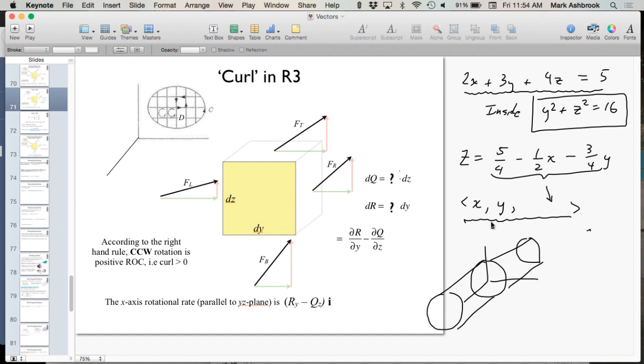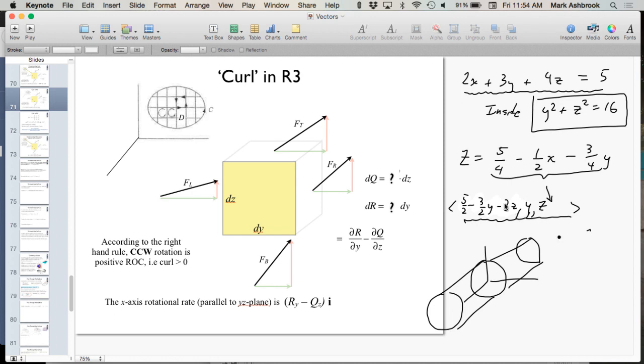So for this one, instead of solving for z, we want to solve for x. We want our two parameters to be y and z. And then what is x? So x is 5/2 minus 3/2 y minus 2z.